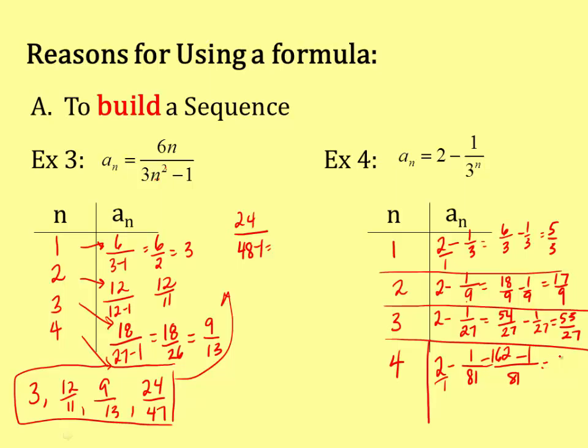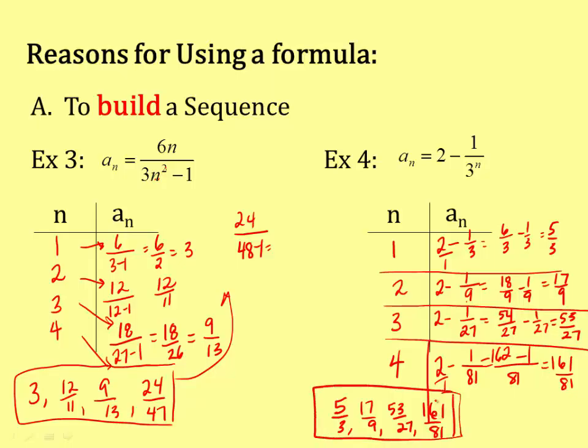So this is going to be 161 over 81. So my sequence then is going to be 5/3, 17 ninths, 53 27ths, and 161 81sts. Okay, notice that's not an obvious sequence, but it is a sequence. There's a pattern to this, okay? Yes, you're going to have to do some of this with reduced fractions.